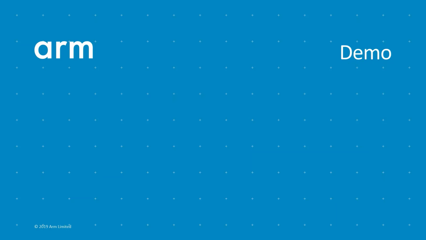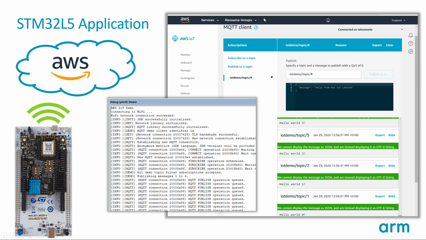For the demo, I'm actually using an ST Nucleo board. So we will show you an example project on an STM32 Nucleo board. And we have downloaded an example project from keil.com IoT. The example runs on the STM32L5 that has some cool new innovations.